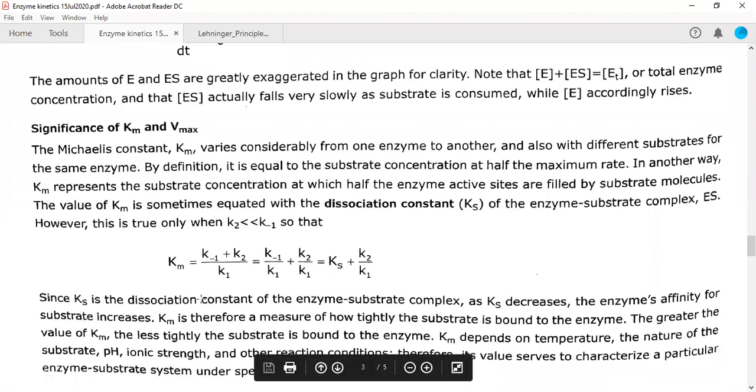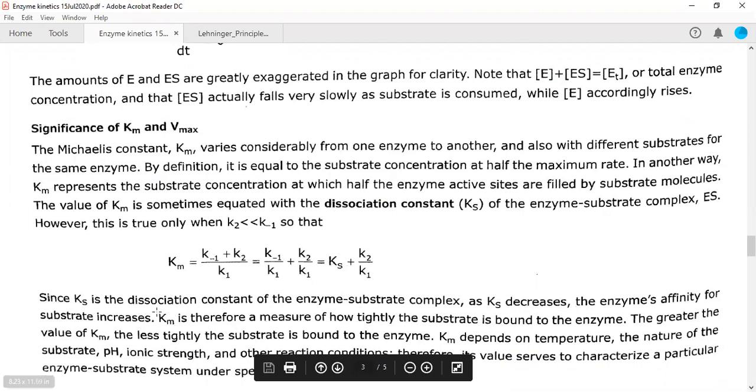Since Ks is the dissociation constant of an enzyme substrate complex, if you decrease the Km, the enzyme affinity for the substrate will increase, and vice versa. If you decrease the Ks value, it is a measure of how tightly the substrate is bound to the enzyme.